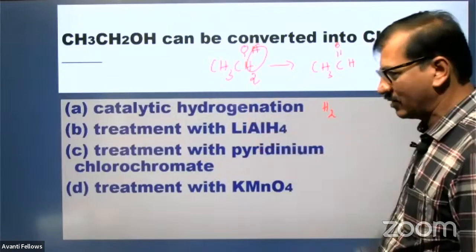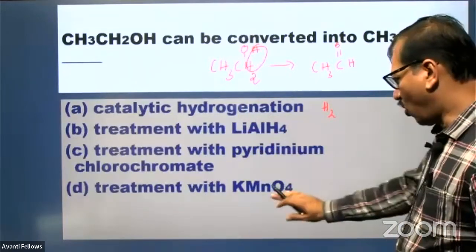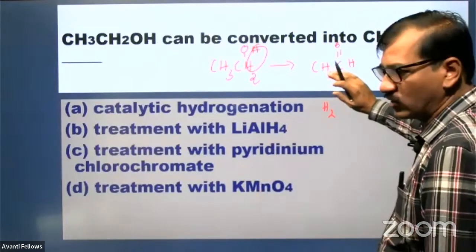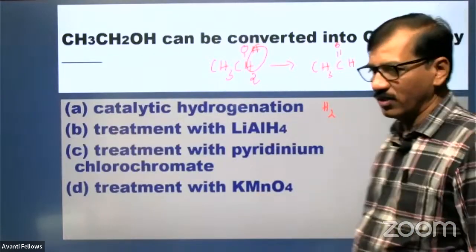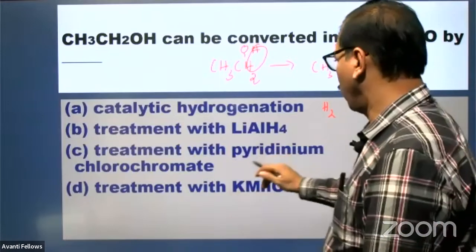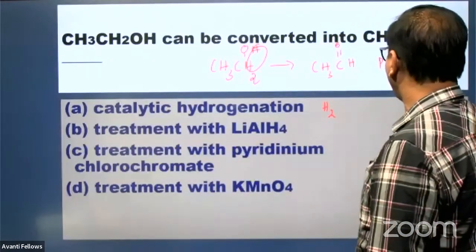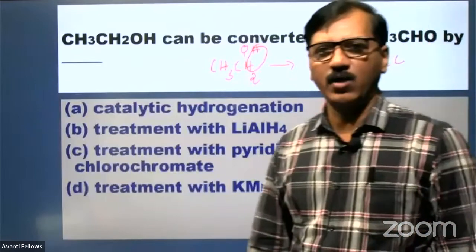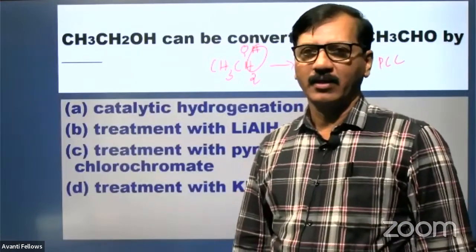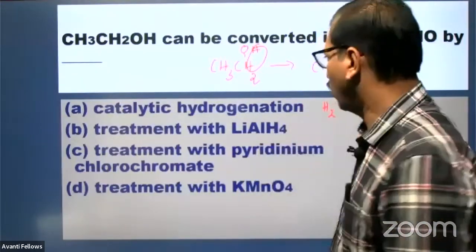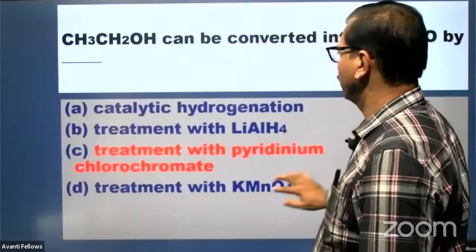Straight away you can reject these two. Then treatment with KMnO4, it is a strong oxidizing agent. It cannot stop at this, and it will produce ethanoic acid. Therefore, treatment with pyridinium chlorochromate, that is PCC, is a mild oxidizing agent. It converts alcohol into aldehyde, stops at aldehyde, not converting into carboxylic acid.